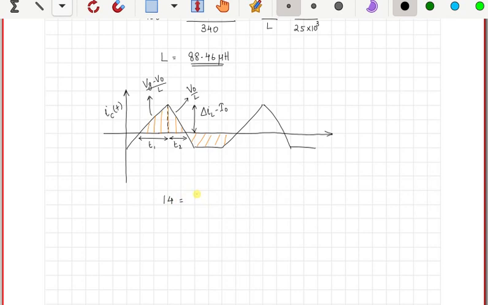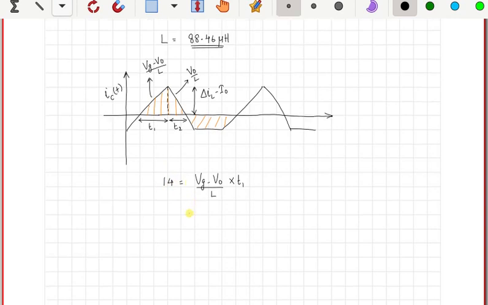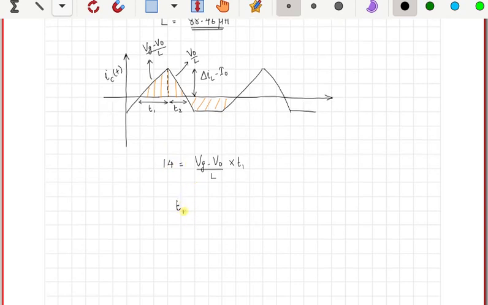And that should be equal to the slope multiplied by T1. So it is Vg minus Vo by L multiplied by T1. And you know Vg, Vo, L as well as delta IL minus I0. So you can calculate T1, and if you do this, you will get T1 as 5.33 microseconds.